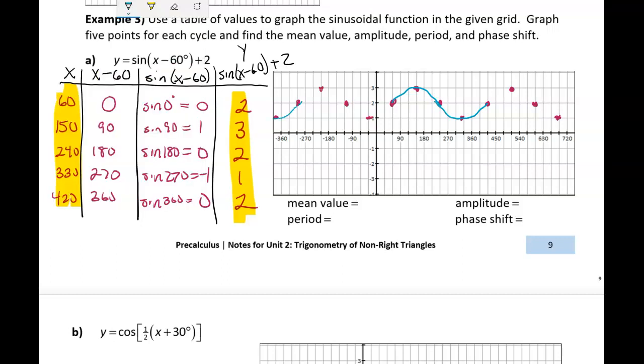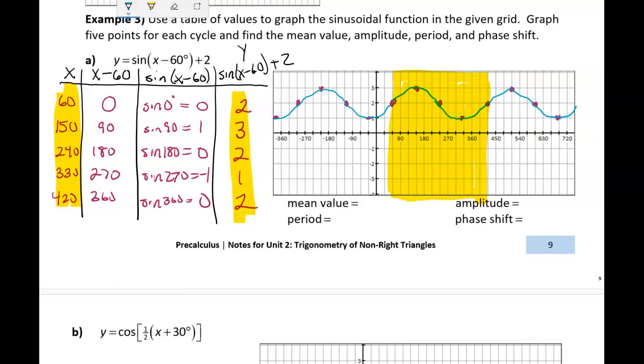And then as we connect that graph, you'll have many cycles of the sine function. Remember though, this is the part that we graphed right here, one complete cycle of the sine function. And that's the only part that we really need the table for. The rest of it you can figure out based on how long it takes one cycle to graph.